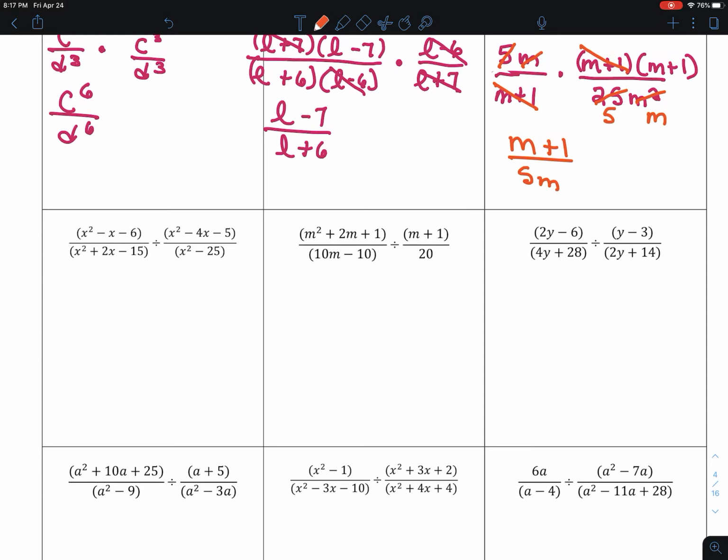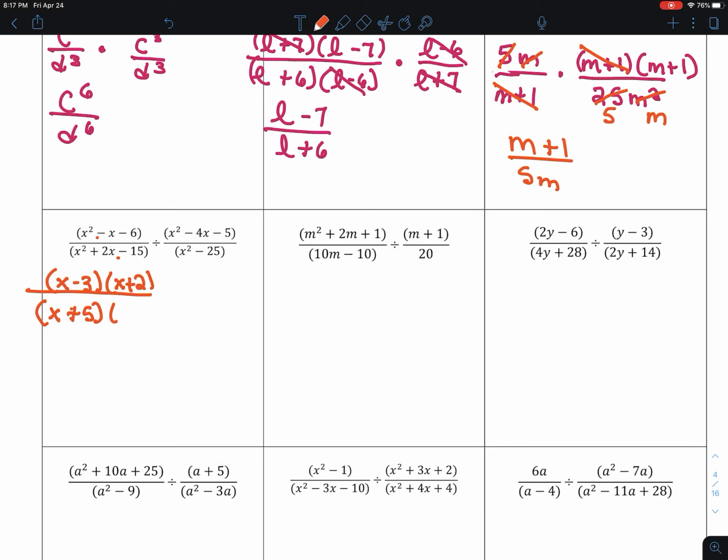Okay, let's do another one. Again, factor, factor, factor. So factoring this, what can I multiply to get negative 6 and add to get negative 1? That would be x minus 3, x plus 2. What can I multiply to get negative 15 and add to get 2? That would be 5 and 3.